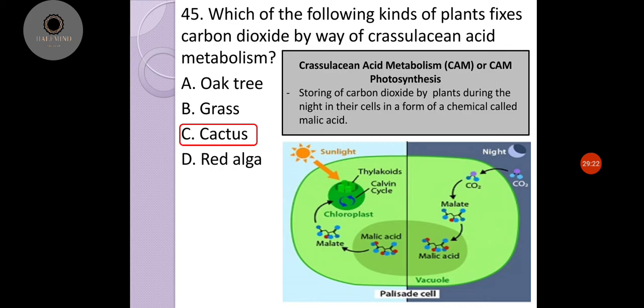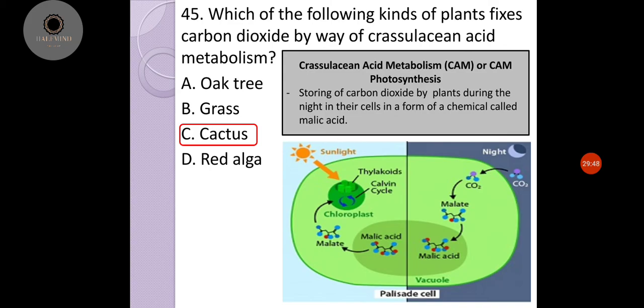Now, if the cactus will take carbon dioxide during the daylight, the rate of transpiration will rise, meaning maraming mawawalang tubig sa cactus if it opens its stomata.